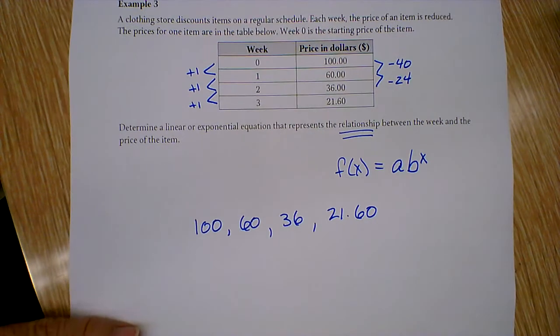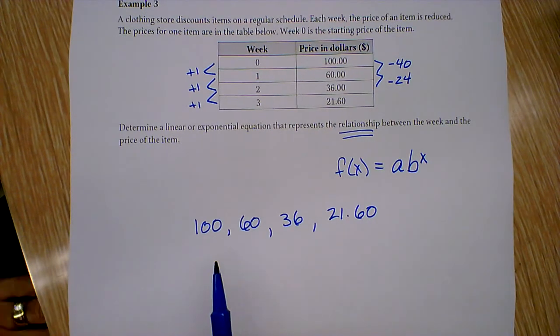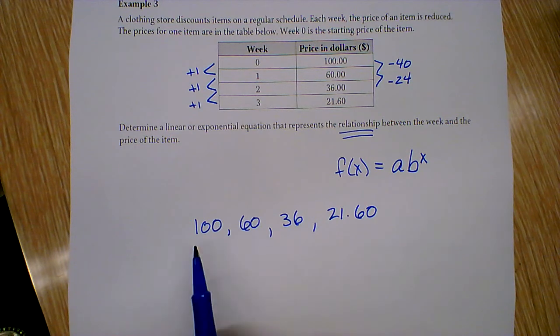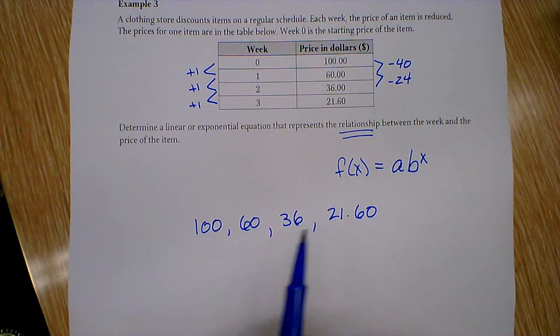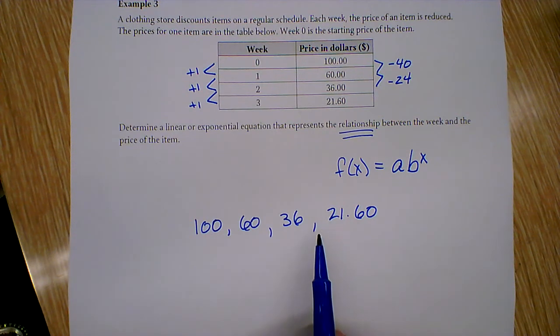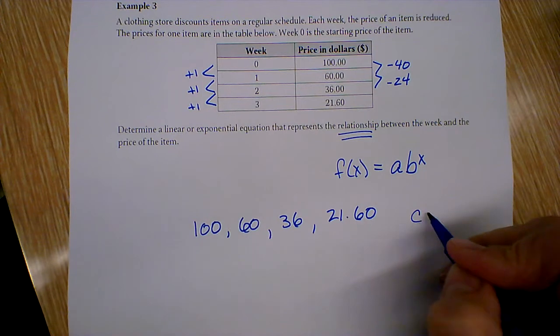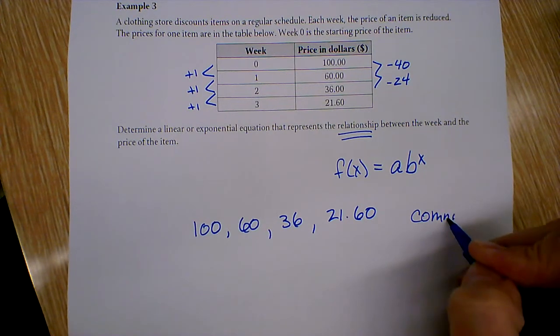And one of the things we learned when we talked about sequences, to look for the pattern, if we think it's a linear pattern, we know it's going to change by the same amount, called a common difference. And we know this isn't linear, we know it's exponential, so it's going to change by a certain amount called the common ratio.